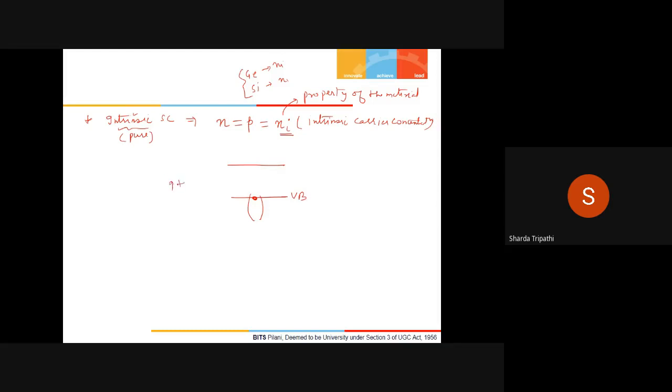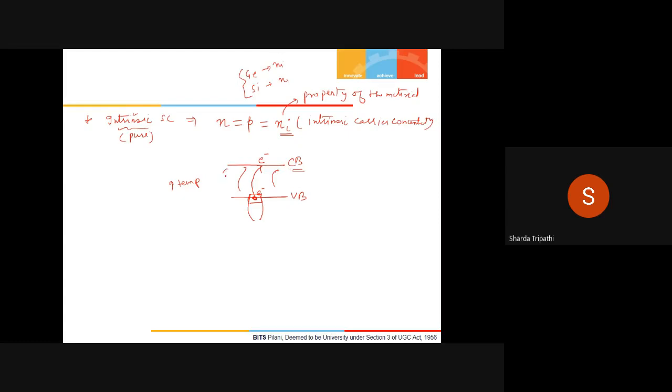Then when you increase the temperature, this electron absorbs thermal energy and jumps from the valence band to the conduction band. So the electron that was earlier here now comes into the conduction band, leaving behind a hole over here. So actually free electrons are present in the conduction band and holes are present in the valence band. So how many electrons will go from here to there?